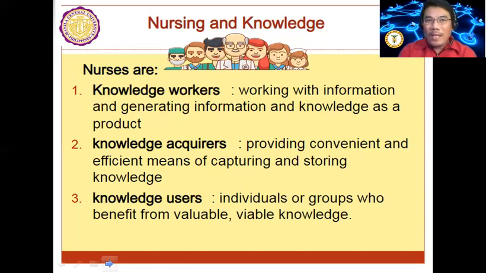We also emphasized that nurses are knowledge users because this covers a broader scope, beneficial to individuals, groups, or the organization, which are considered viable, sustainable, and may have a direction that is significantly valuable if it is relevant and useful.